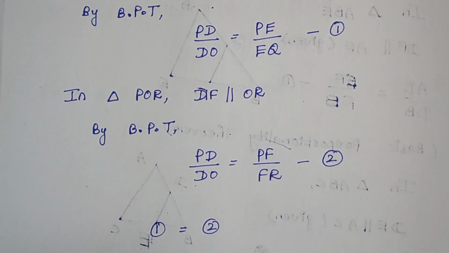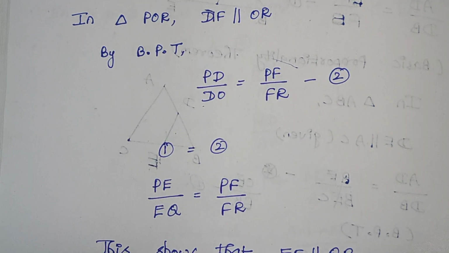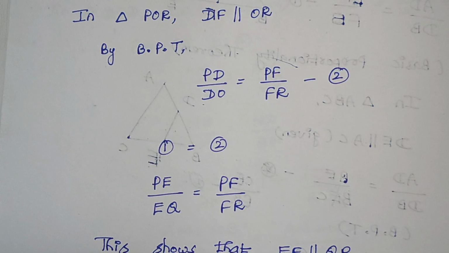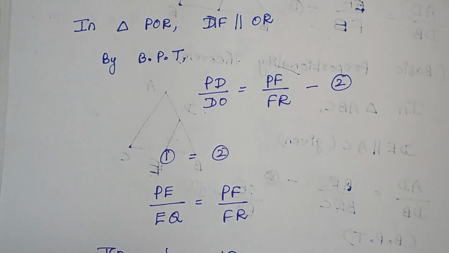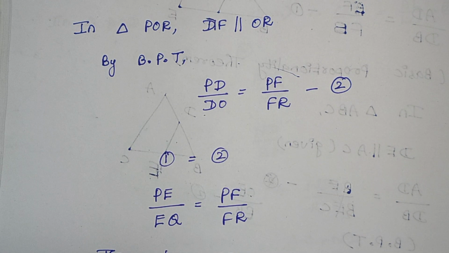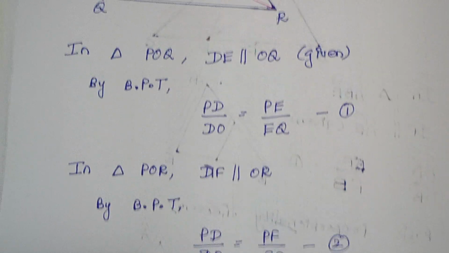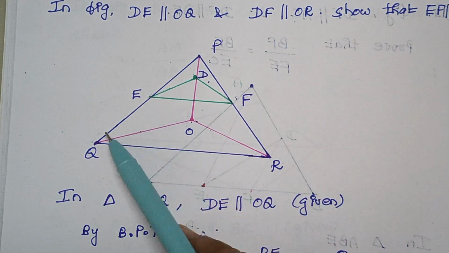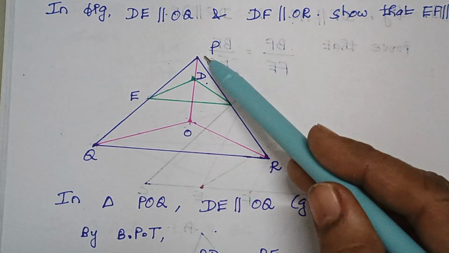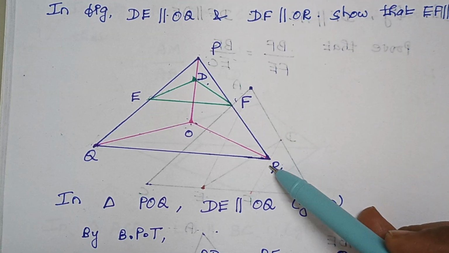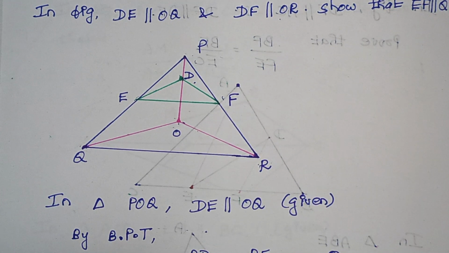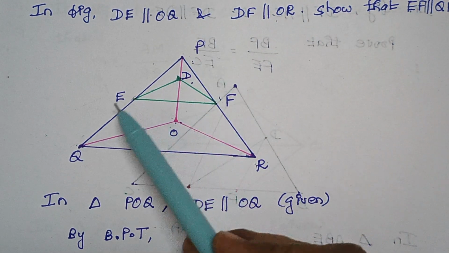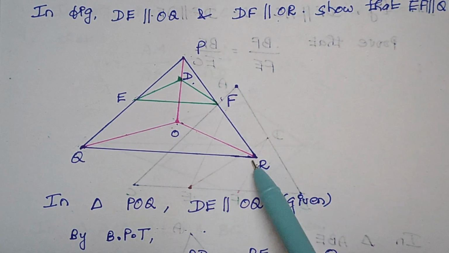So when you equate this, PE by EQ is equal to PF by FR, right? So what is this condition? We have to check this condition with our diagram. PE by EQ is equal to PF by FR. This is by converse of basic proportionality theorem. That is, the ratio of the sides of the triangle are equal.